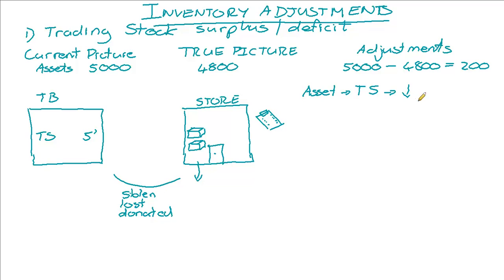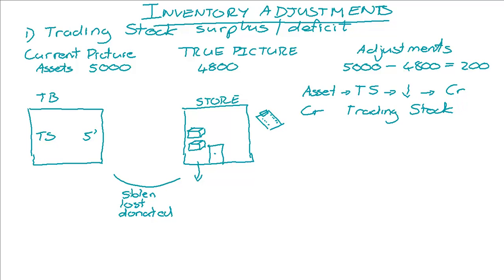When an asset decreases, I need to pass a credit. You remember Debit Click says assets that increase is a debit, so assets that decrease will be a credit. So the account that I'm going to credit here is trading stock.